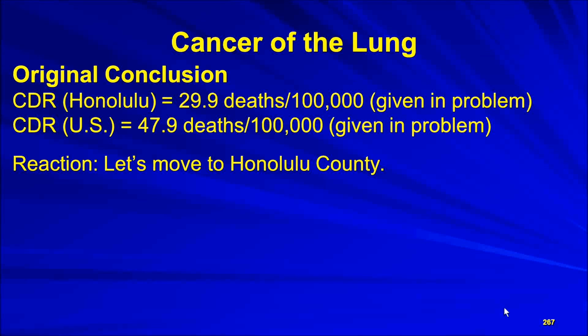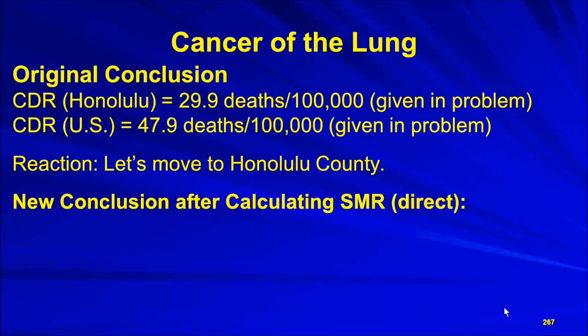Well, our reaction would have been, well, geez, if you're talking about lung cancer deaths and you want to avoid them, you ought to move to Honolulu immediately. And especially you would come to this conclusion if you had a genetic problem of lung cancer, if lung cancer happened to run in your family.